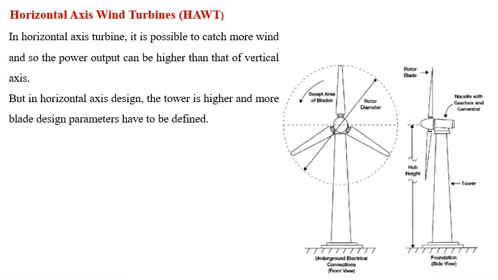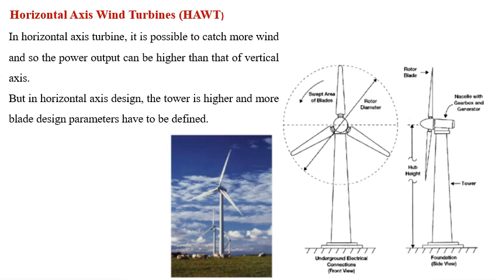These turbines can have one single blade, double blade, or multiple blades, more than two or three, depending upon the requirement. It requires very high altitude towers, as you can see from the picture.